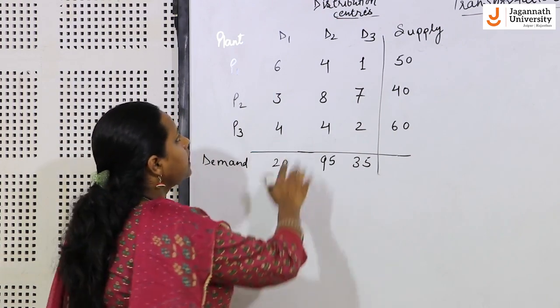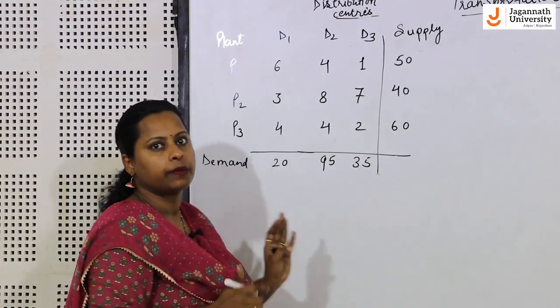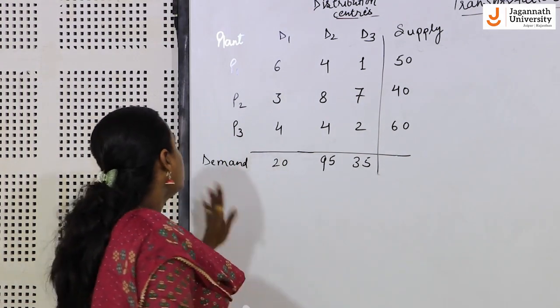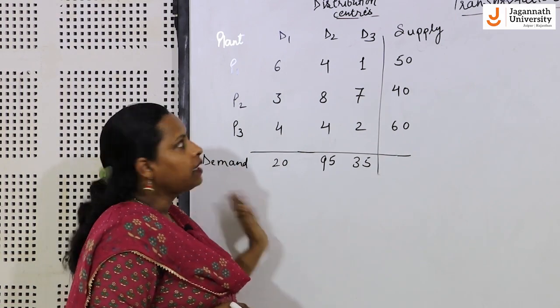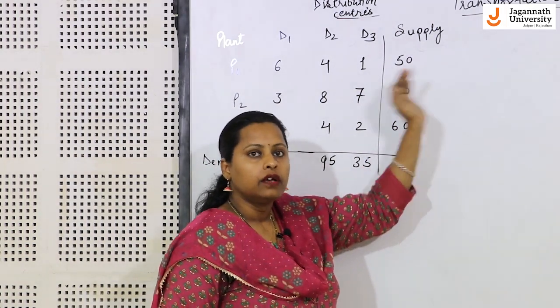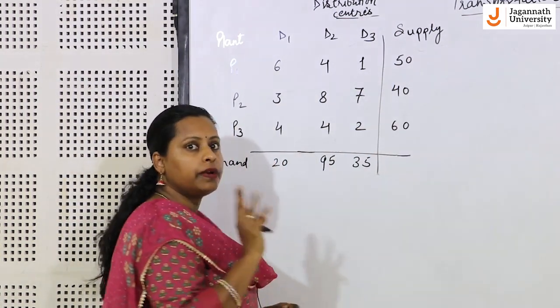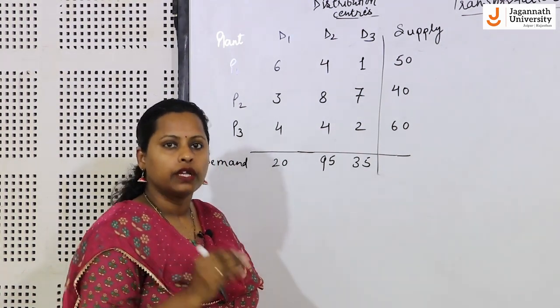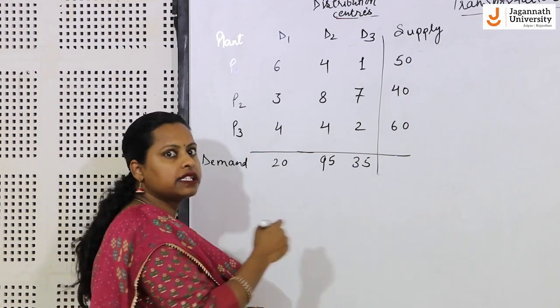So these are the costs 6, 4, 1, 3, 8, 7, 4, 4, 2 for the respective distribution centers. In the end, in the bottom, you can see the demand or the requirement. Here, this is the capacity or the supply which a plant can deliver. Fine. So before solving the problem, what you have to do? You have to first check the balance between demand and supply.